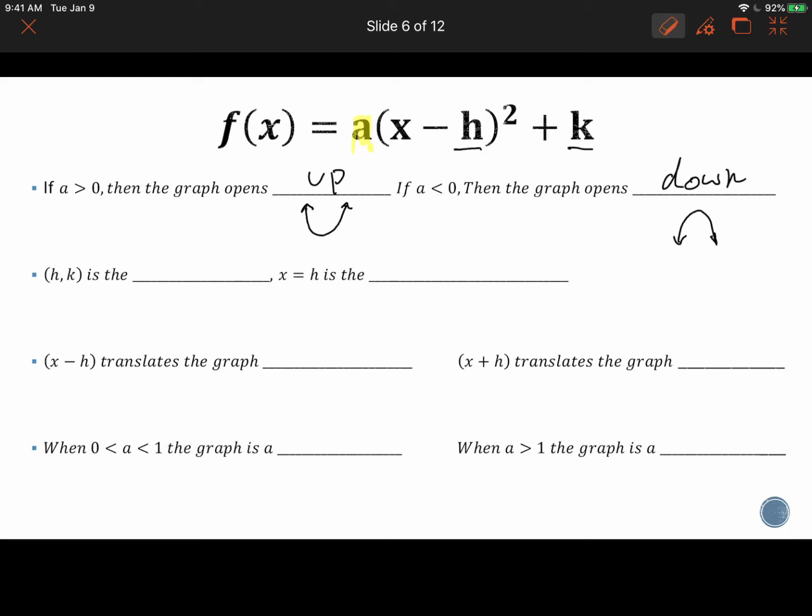And h, k happens to be the vertex. And again, the x value of the vertex is the axis of symmetry.